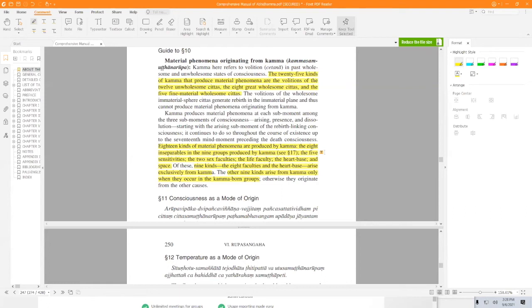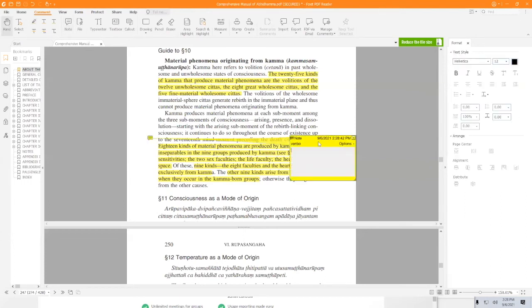It might be things we would never think of eating, like a piece of glass, but it would have a taste. And the nutritive essence is present in all material phenomena, some capacity to sustain life. So those are the 8 inseparables. Maybe I'll put that in as a note.